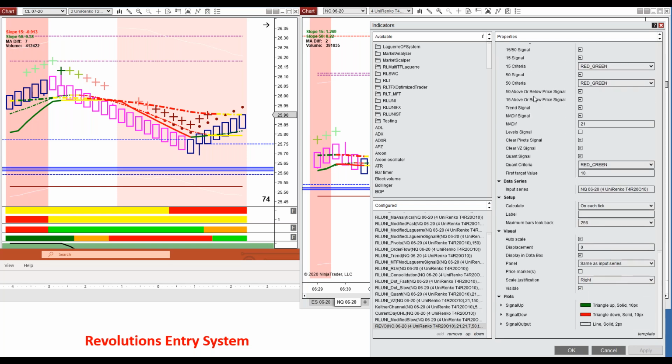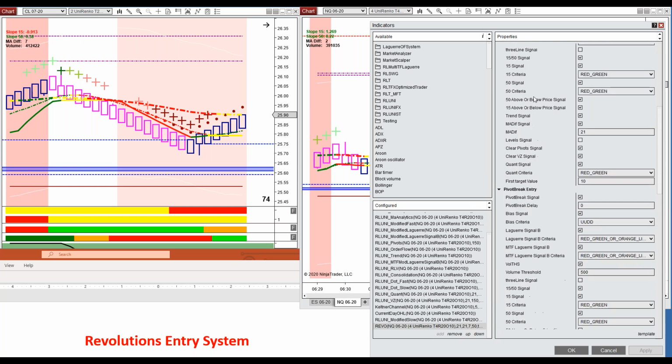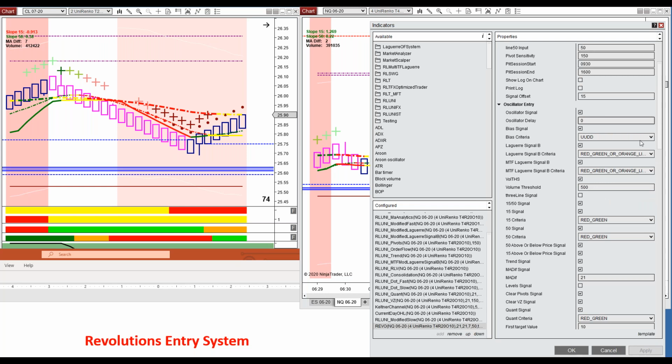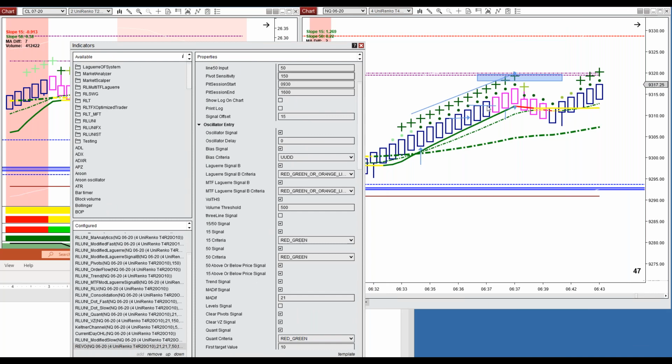We easily could have done that and given you no discretion on the entry. And I purposely told Sergio to make this very modifiable so that we can change its complexion when the markets change. And that's really why automated signals like this fail. They work in one market, then the market changes and they fail.